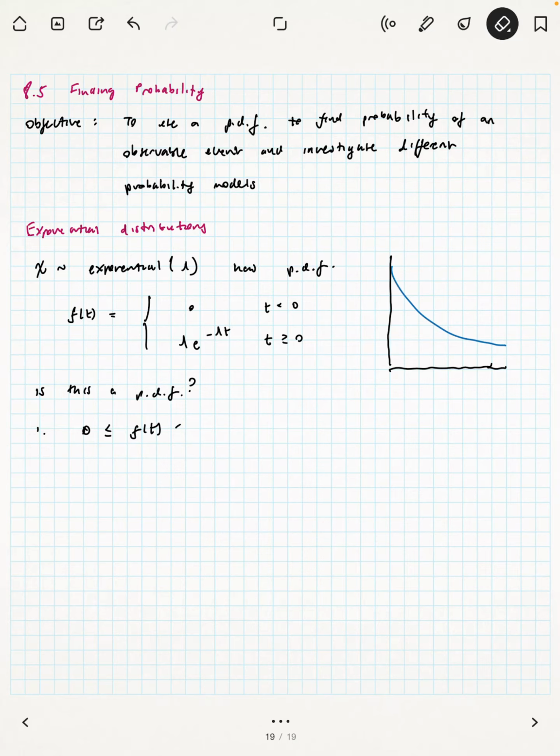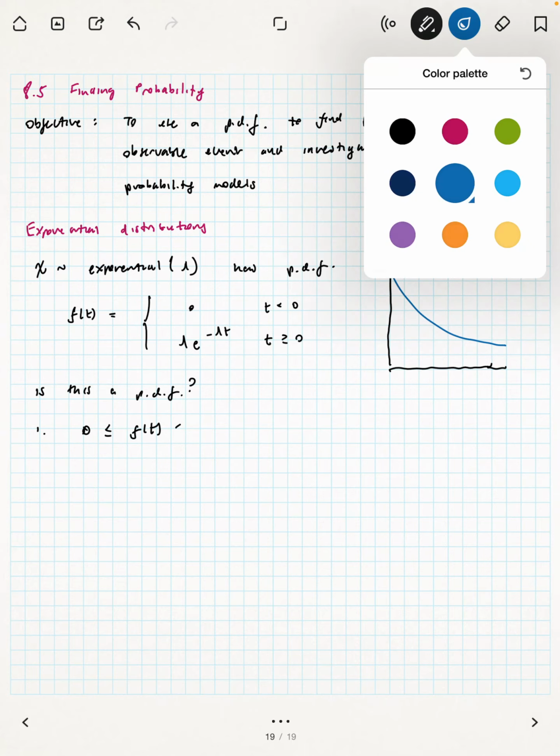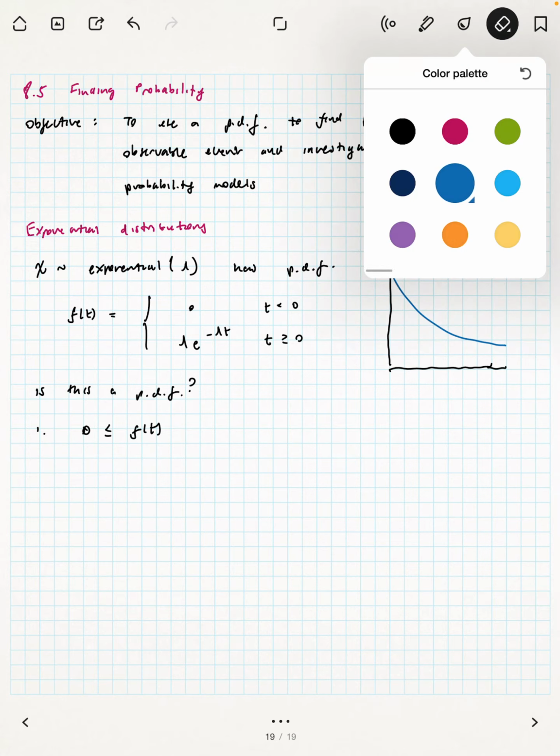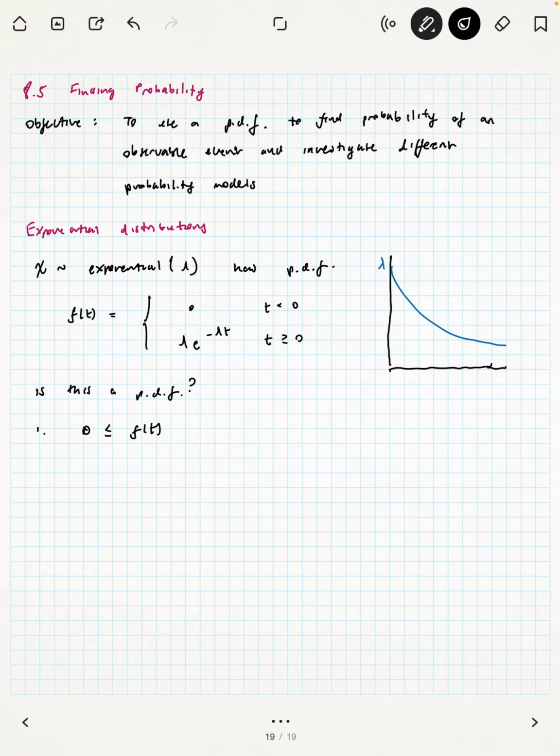Well, it's all non-negative, so that's fine. In this case, all we care about is the fact that f is going to be non-negative. That's not an issue.